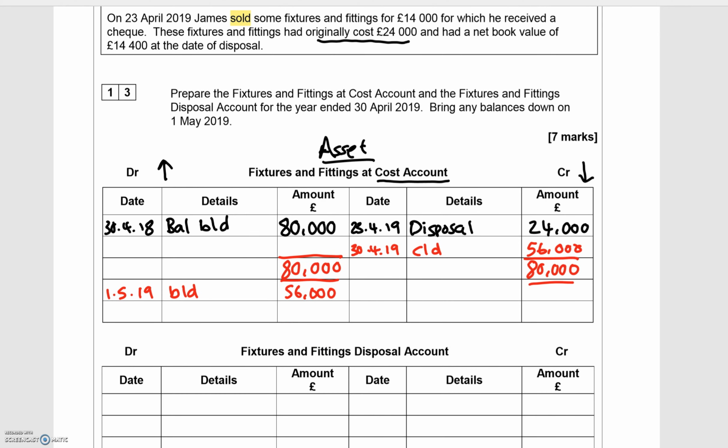The second part of this question is asking you to have a look at the disposal account. You already have a credit entry here regarding the £24,000 for your disposal. So automatically this becomes a debit entry here, £24,000, and we would call this fixtures and fittings at cost.